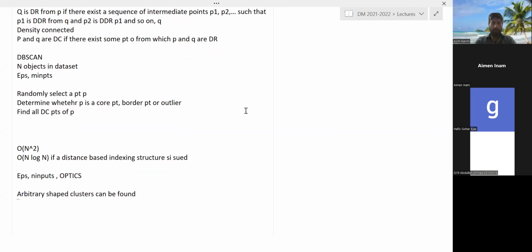So density-based clustering is in some ways a generalization of your prototype-based clustering, especially the single point prototype-based cluster. By setting the parameters min points and EPS in a certain way, you can get the same clustering that you get through, for example, k-means and through DBSCAN. So in other words, you can say that k-means is a specialized version of DBSCAN. I mean, in terms of the clusters that are formed, not the algorithm, of course, the algorithm is different.